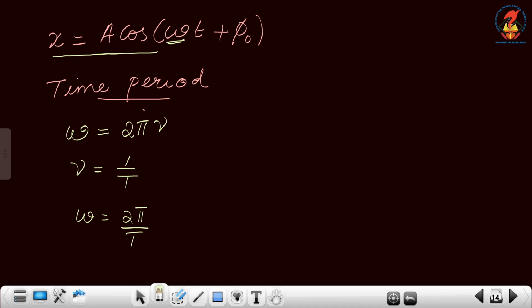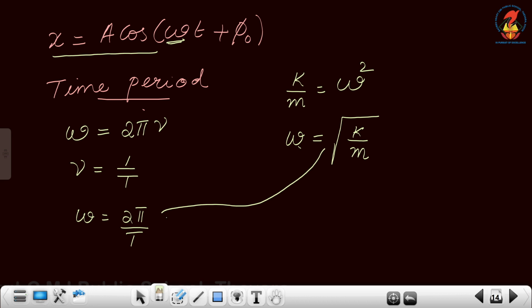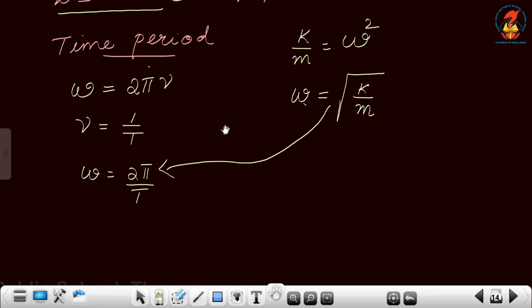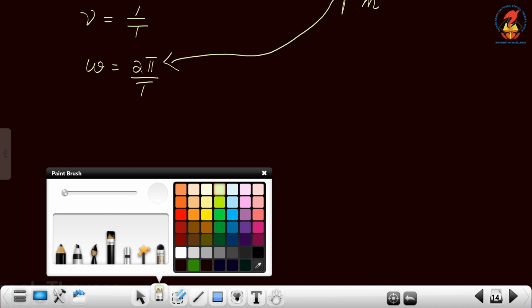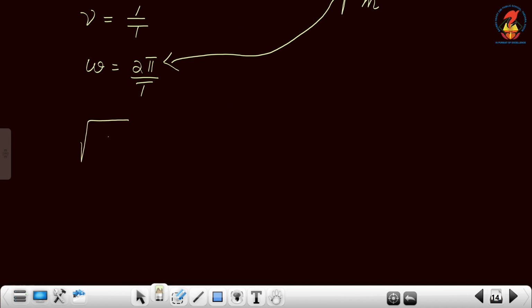And while deriving the expression for the differential equation, we substituted k by m as omega square, isn't it? So, we can write omega, the angular frequency, is equal to root of k divided by m. Now, I am going to substitute this value in the equation. So, I will get root of k by m is equal to 2 pi by capital T. What is our aim?